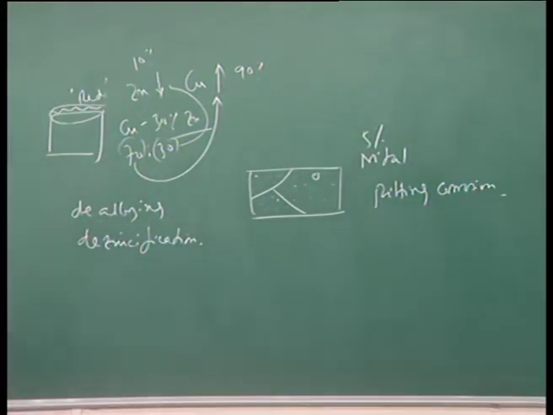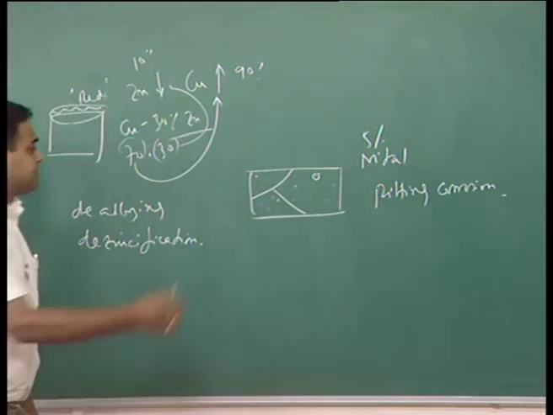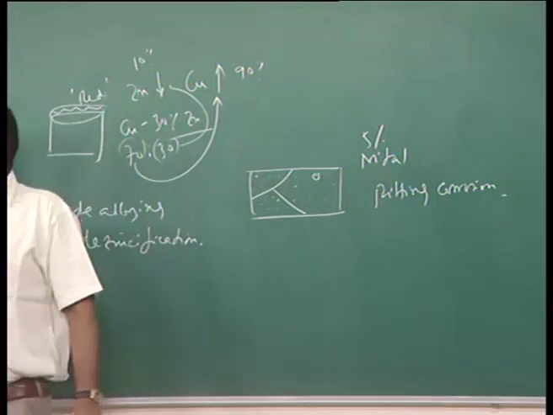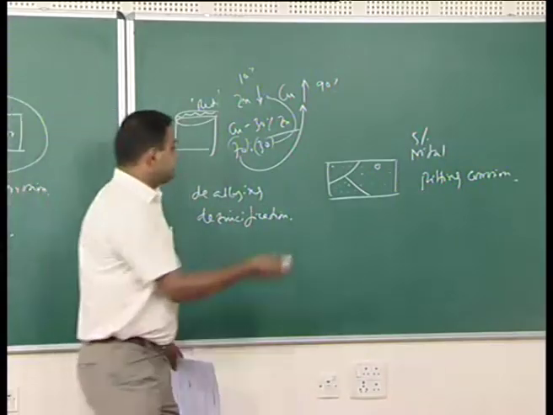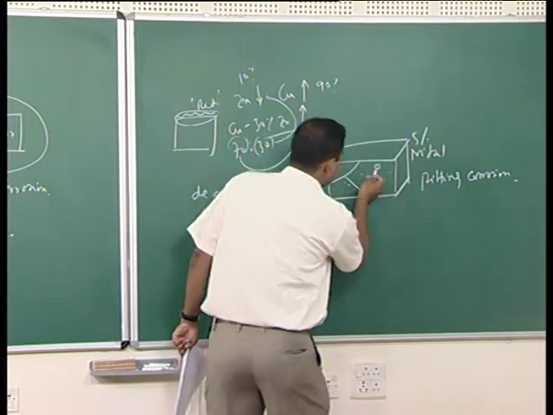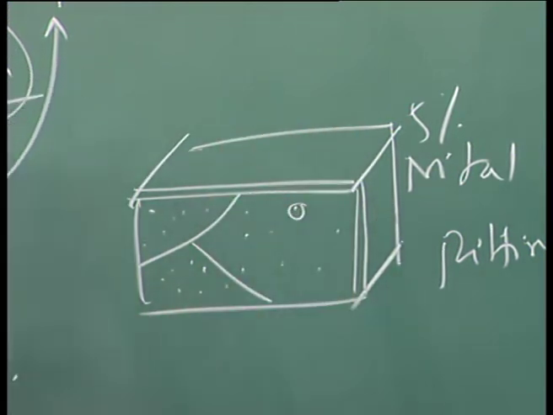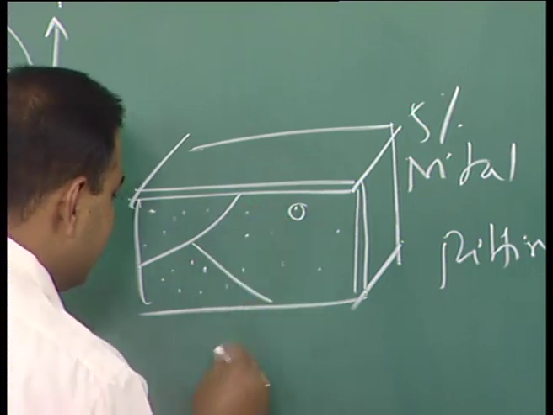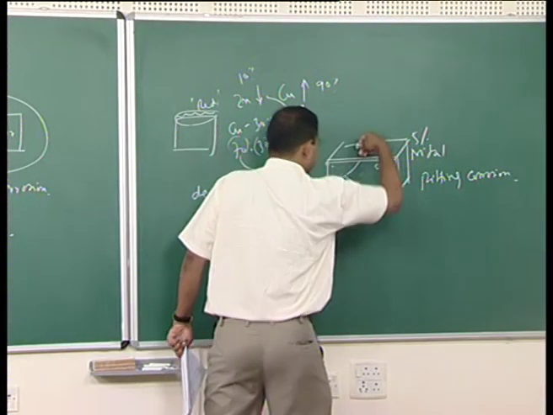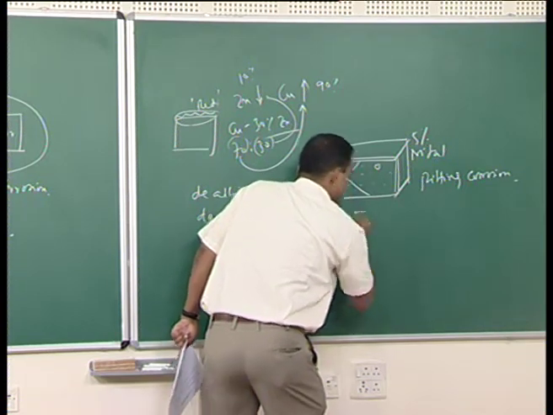Fine. That means in some regions the dissolution rate is very fast, but in other regions there is a sort of uniform corrosion. If you take a cross section, let's say you have cut this portion and sliced it out, and you check it from this direction, you will see that the pit has moved like this.